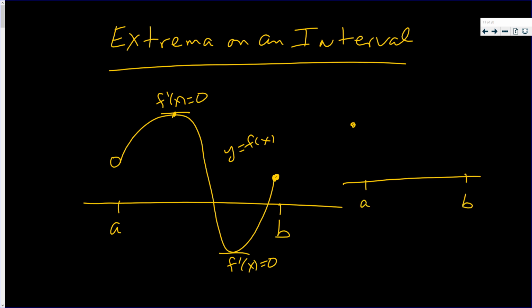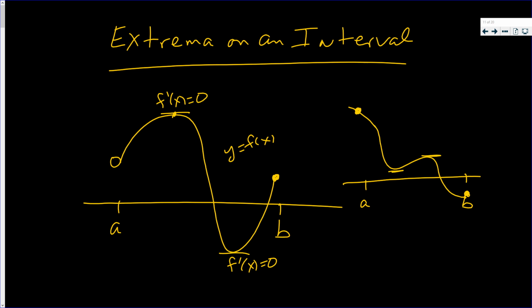For example, this curve right here, the derivative is 0 here and here. But let me just draw this a little bit differently, please. The derivative up there is not 0.